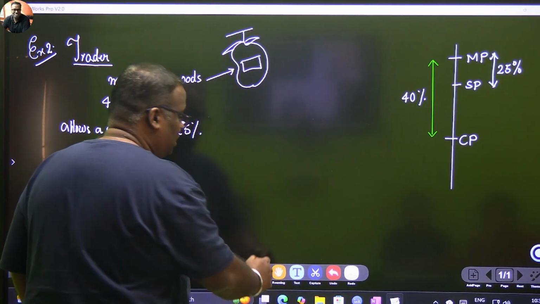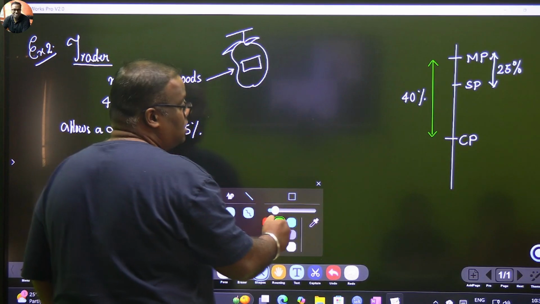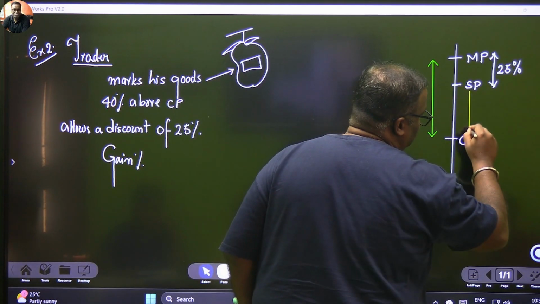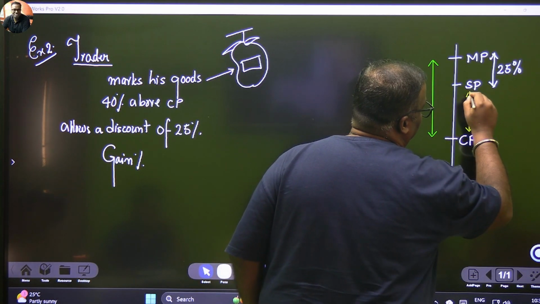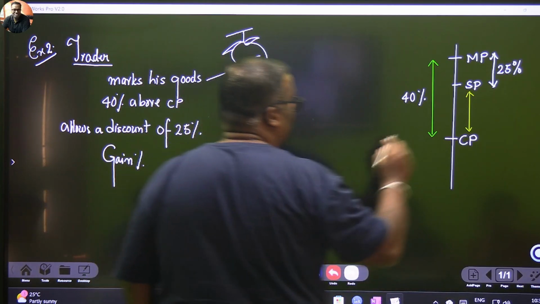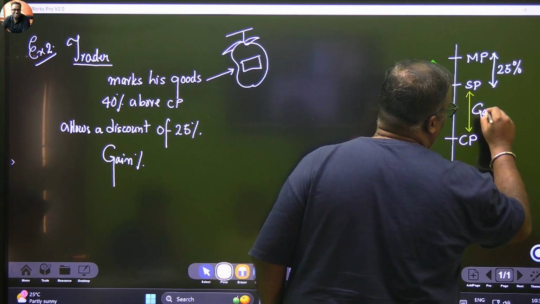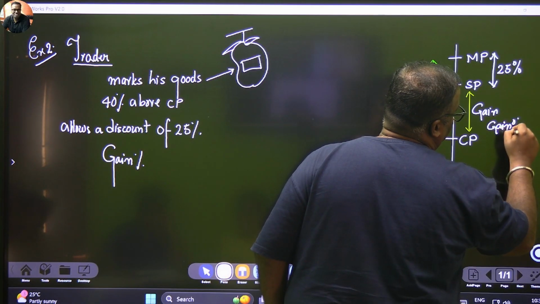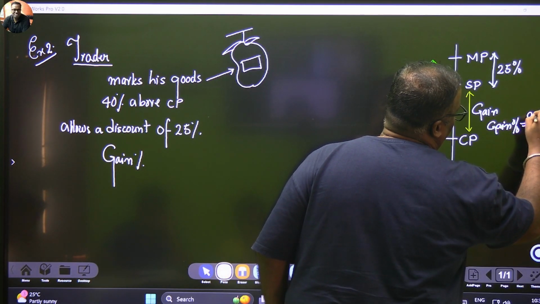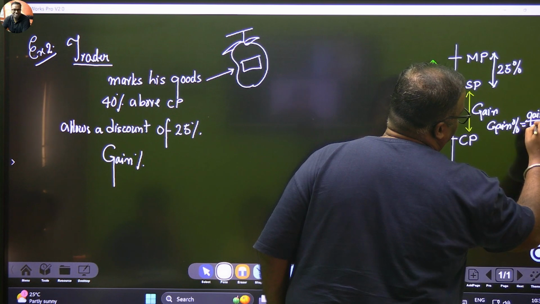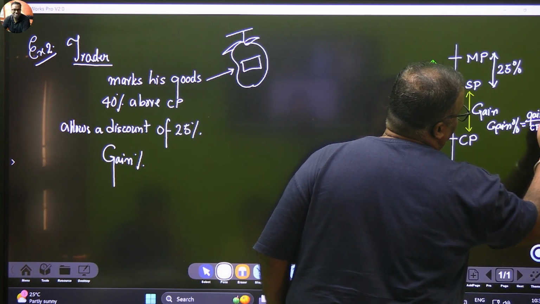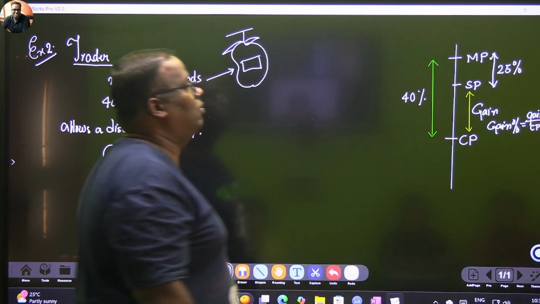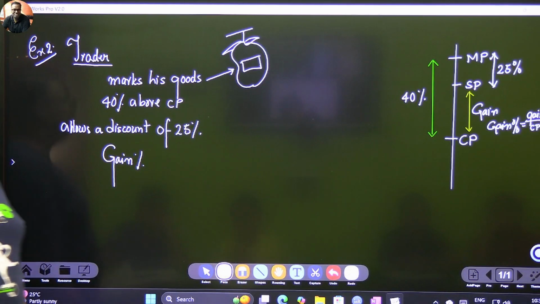So if I look at this chart after drawing this scenario, don't you think this much is my gain? Right? So this is my gain. And finally, I have to find out what is my gain percent. So gain percent is gain over CP multiplied by 100%. So our data should be to get the gain. Once you get the gain, you will be able to find out the gain percent.